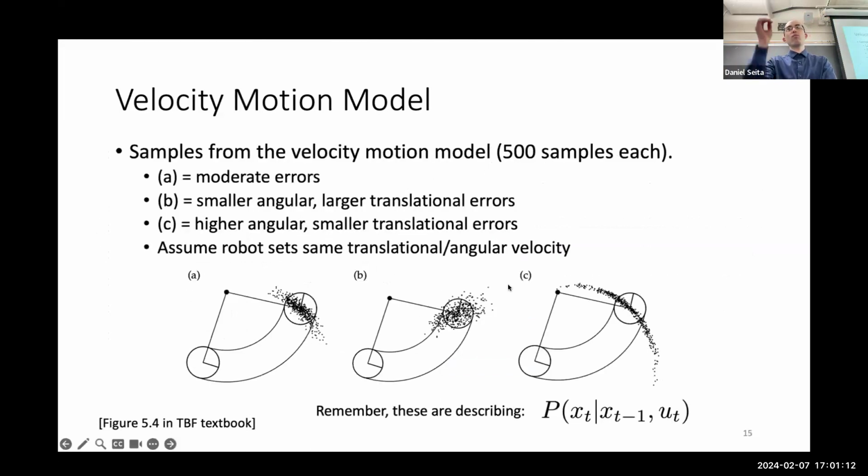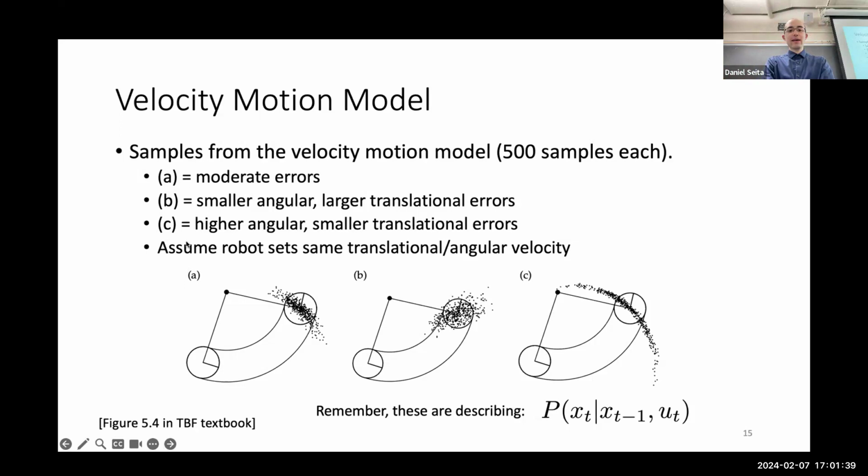So here's an example of what it might look like. Here are some samples from the velocity motion model from the textbook. This describes, in a sample fashion, the probability of x_t given the previous x_t and the current action.